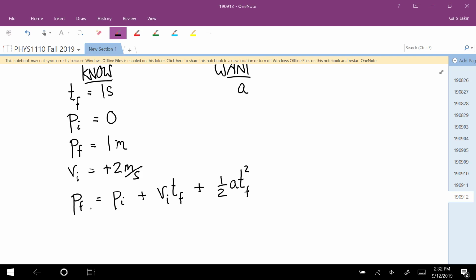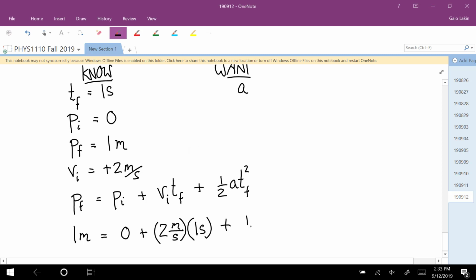But for now, I'm going to put units in all this stuff. So PF is 1 meter. PI is 0. VI is 2 meters per second. TF is 1 second. And then we have 1/2 times A that we're trying to solve for times 1 second squared.